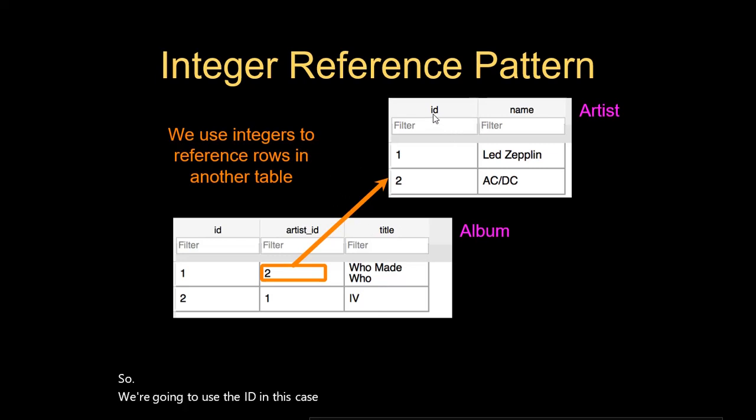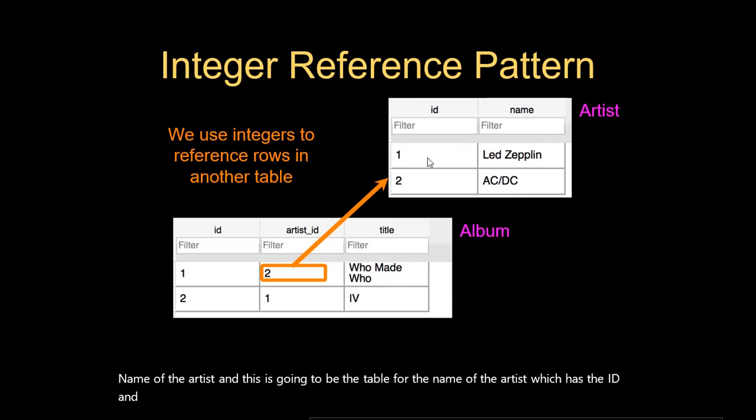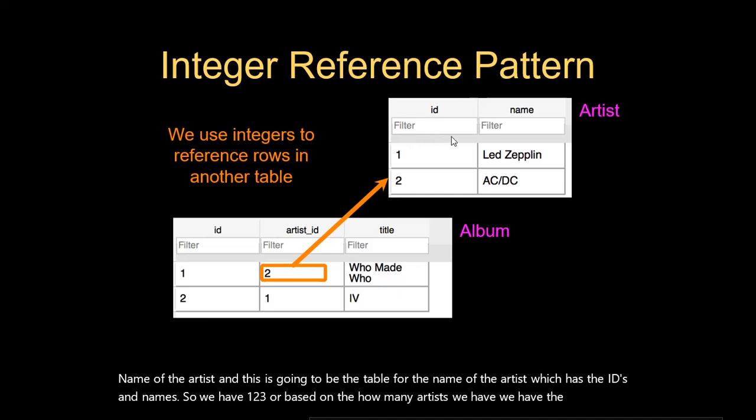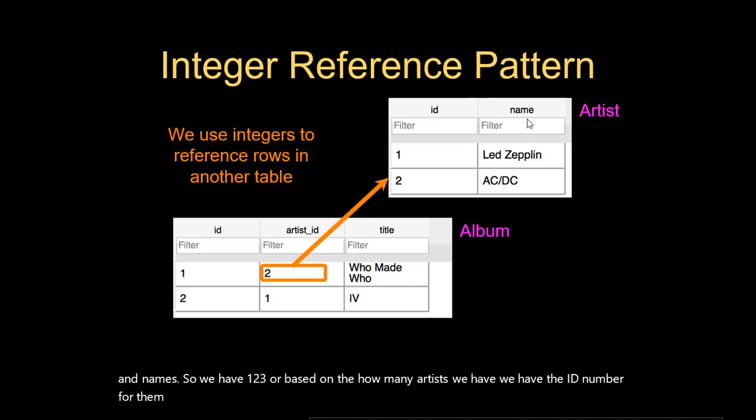This is going to be the table for the name of the artist, which has the ID and names. So we have 1, 2, 3, or based on how many artists we have, the ID number for them, and in the other column we have the name of that artist.